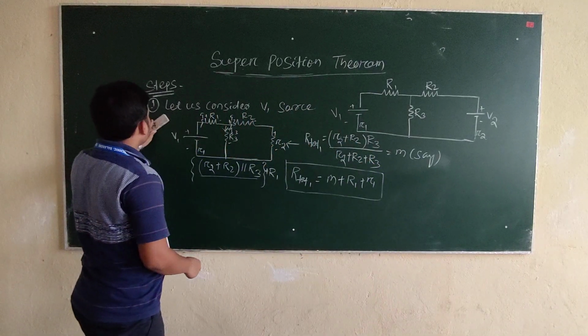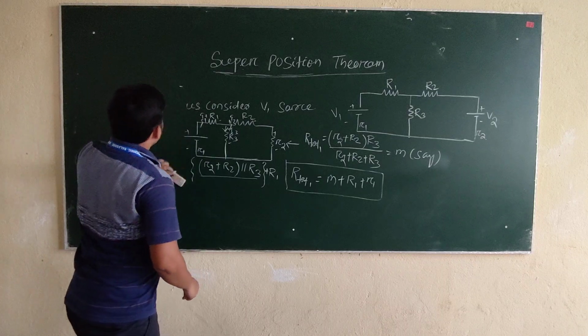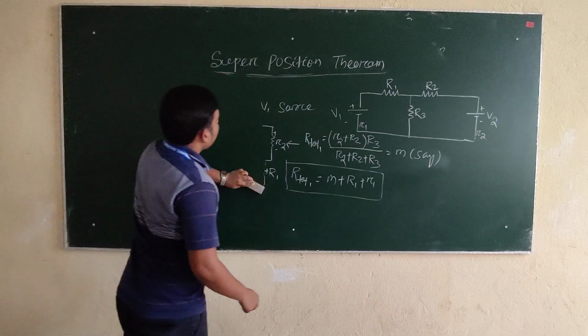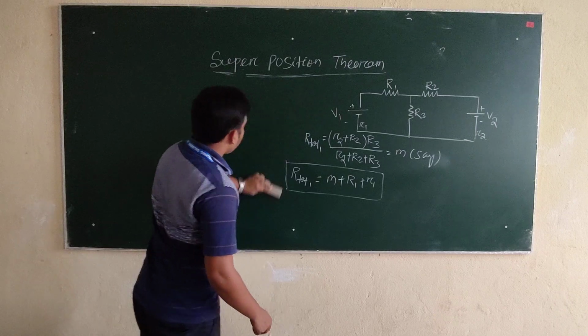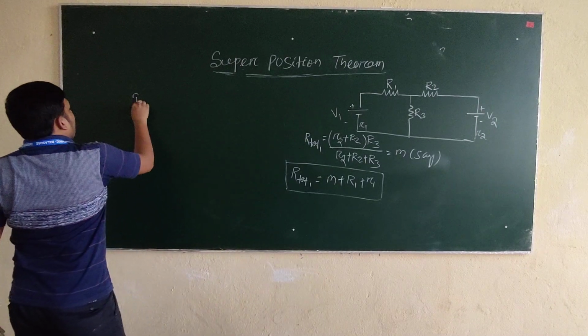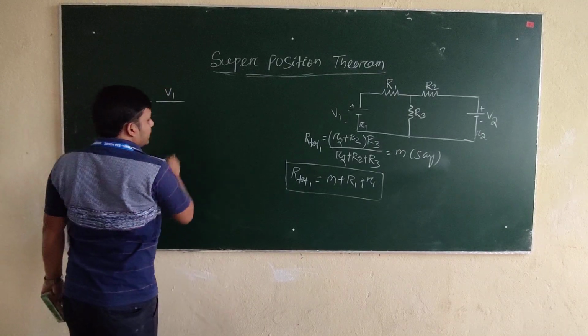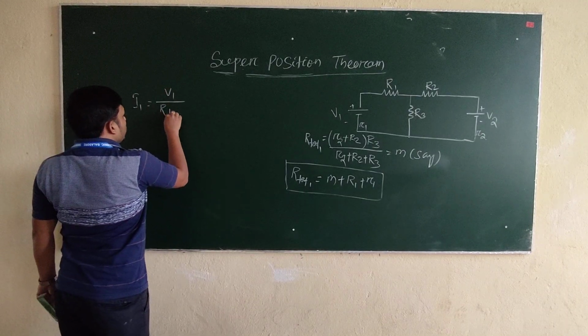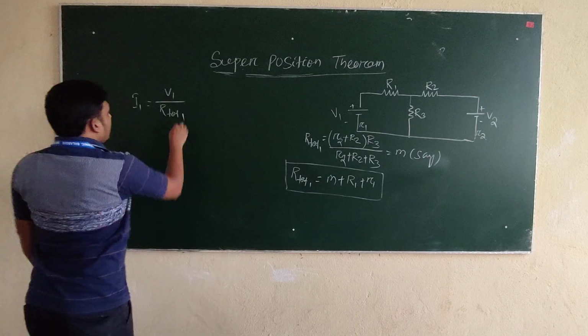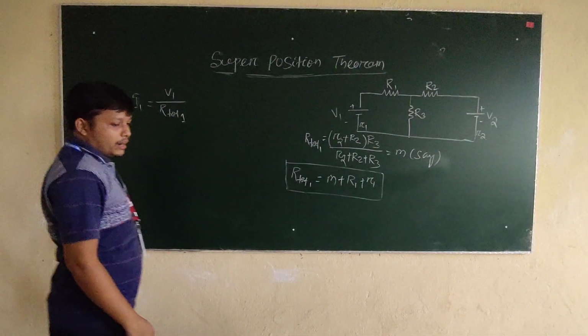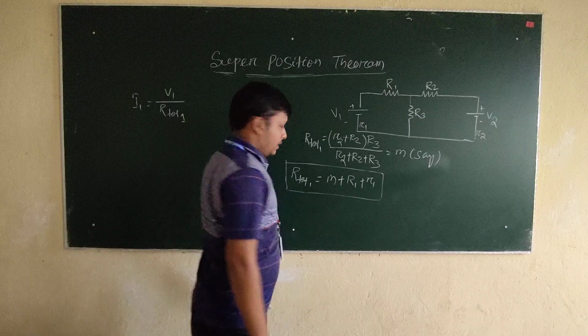Now let us calculate the currents I1, I2 and I3. I1 is equal to V1 divided by R total 1.